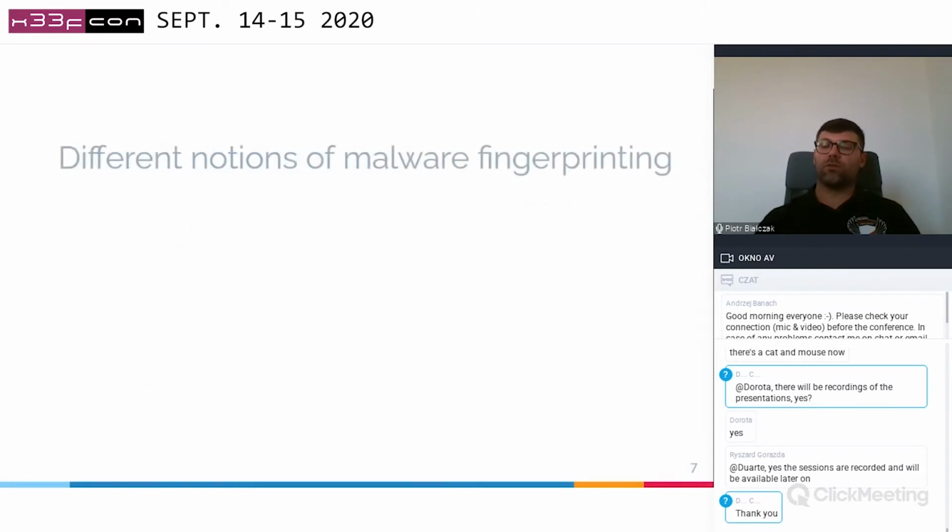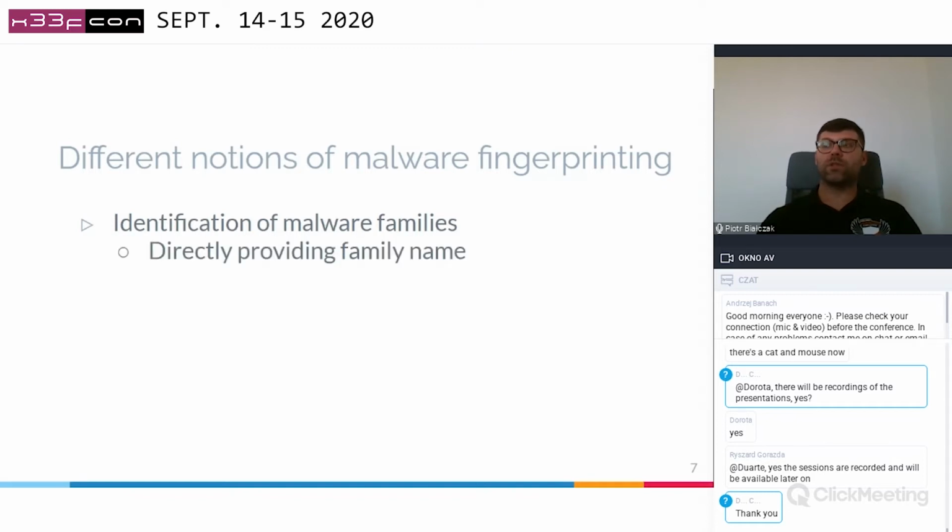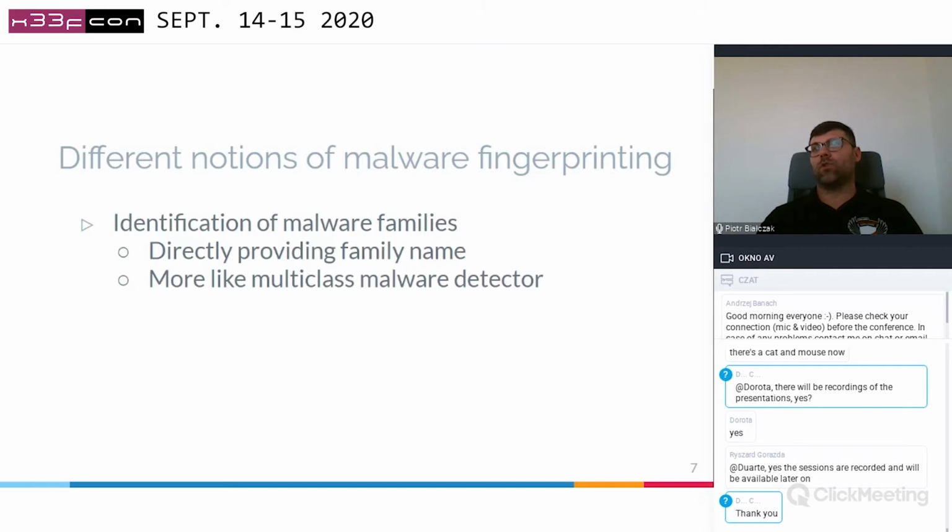I think there are two different notions of malware fingerprinting. One is direct identification of malware families. These systems, these tools, directly provide the name of the malware. I would say these are more like multi-class malware detectors.